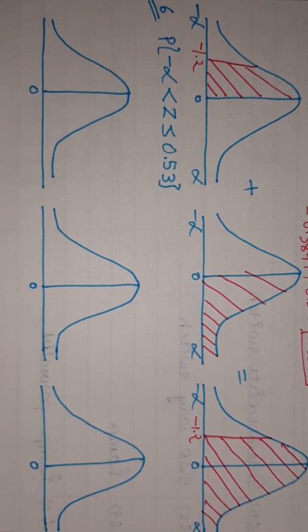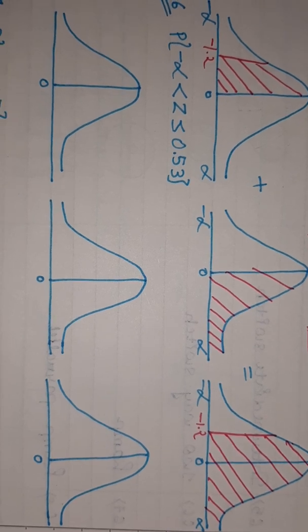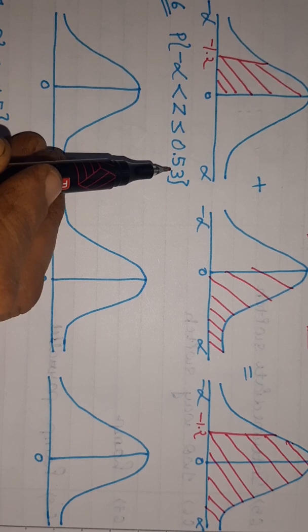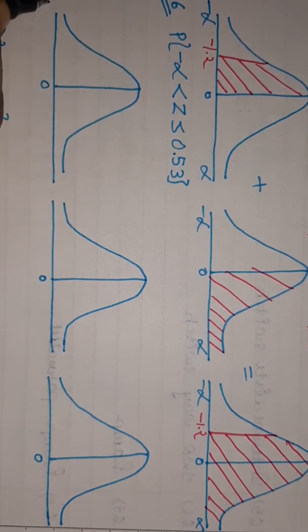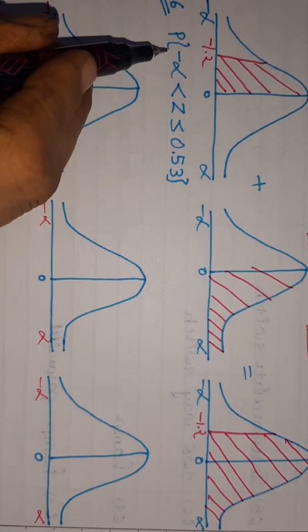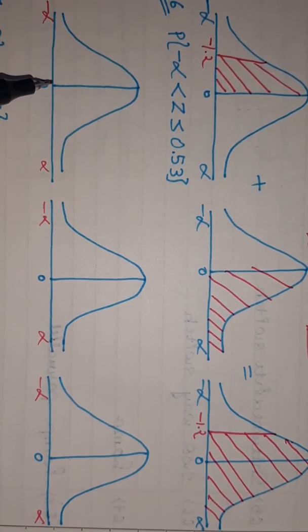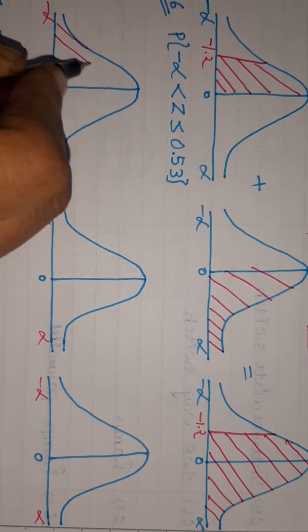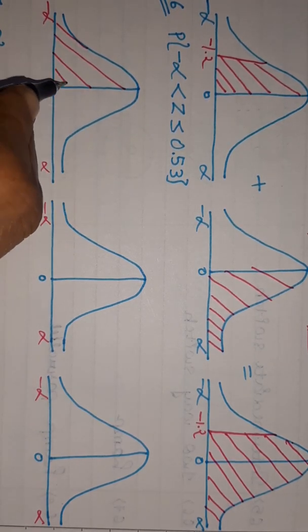Next question, that is minus infinity to 0.53. Now this is your minus infinity to plus infinity. So this is minus infinity to 0.53. First we take it up till 0, so the area will be this.